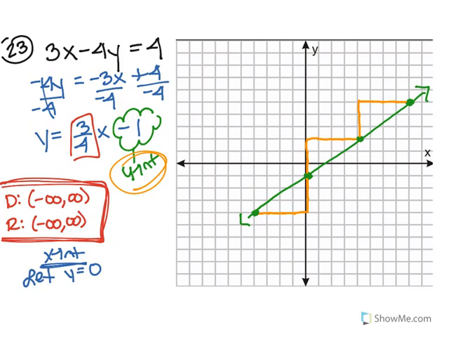So if we let y be 0, that gives us 3x minus 4 times 0 equals 4, which means this is gone. So you've got 3x equals 4, and if you divide by 3, we get 4/3. So it's crossing the x-axis at 4/3, okay?